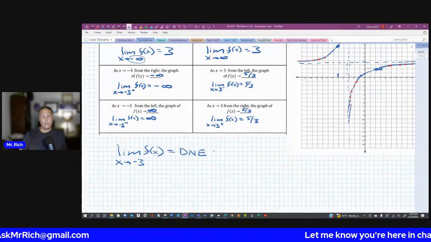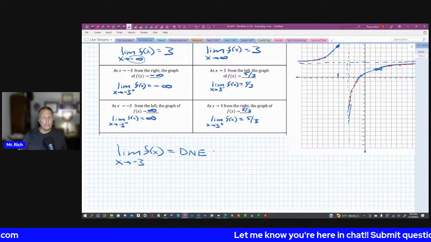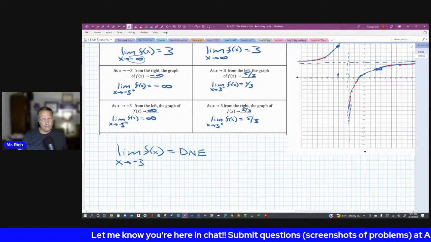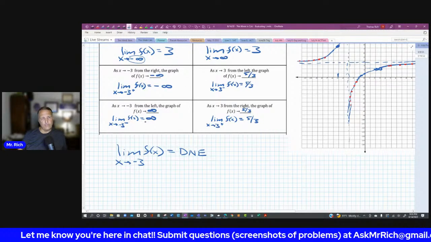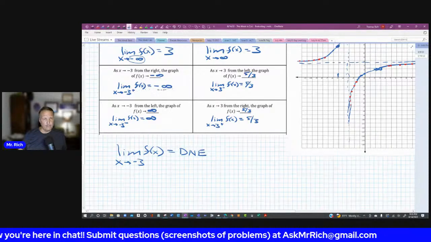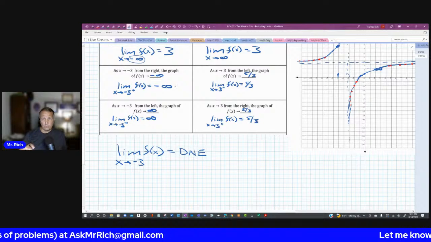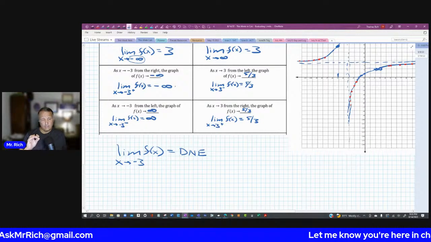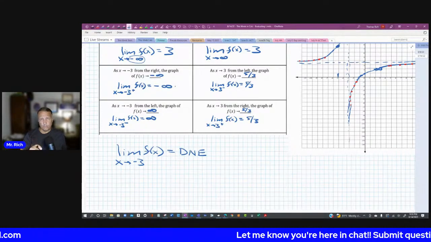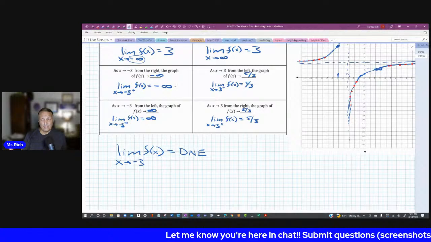I'll go over the limit existence theorem next week, but I just want to point out that the left-hand limit at -3 is infinity, the right-hand limit is negative infinity, but since there's an asymptote there and there is no y value that the function approaches as x approaches -3, the limit doesn't exist, okay?